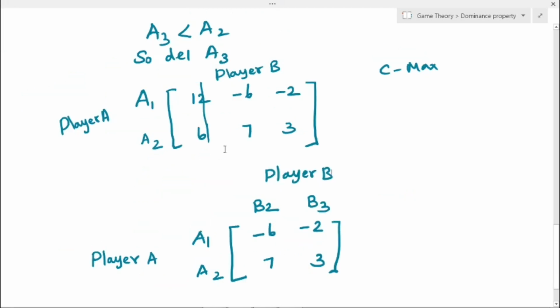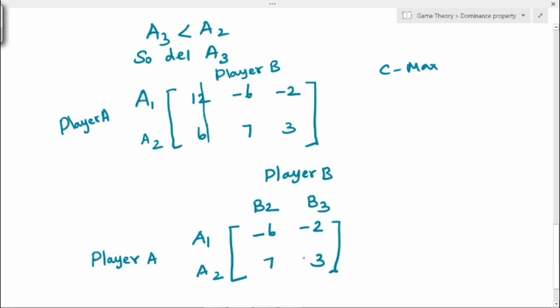After deleting the first column, the remaining payoff matrix has player A with strategies A1 and A2, and player B with strategies B2, B3. These are the values, that is -6, -2, 7 and 3. Now again we have to check the row wise dominance. First consider the first row -6, -2, and compare with the second row 7 and 3.